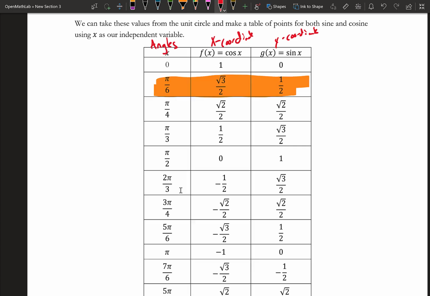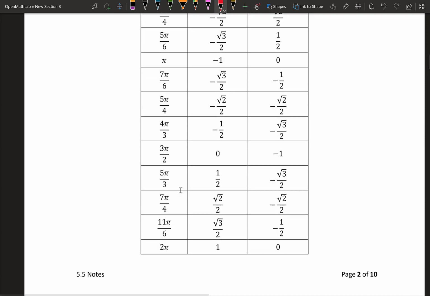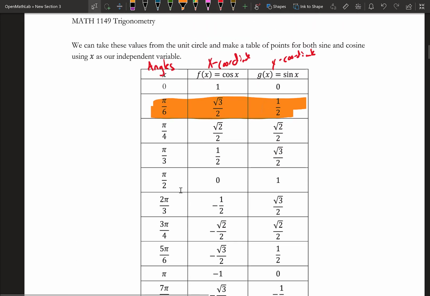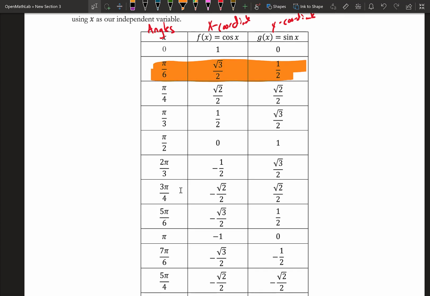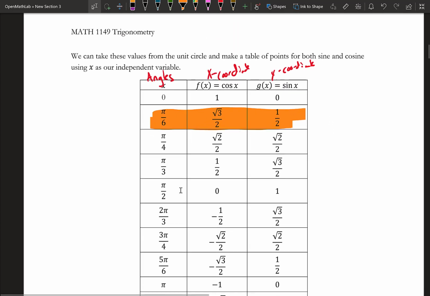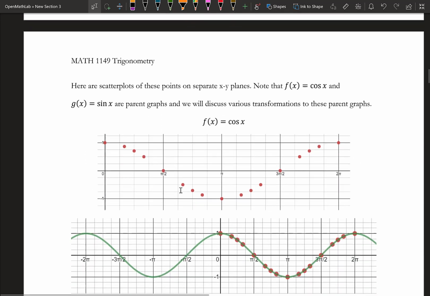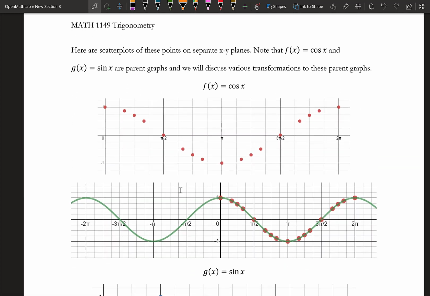If I do this all the way through the unit circle for all of these known values, we can get these outputs. So this is like a t chart for both functions. Then on the next page, I plotted these points on a scatter plot. This first graph here is a scatter plot of all of those points.